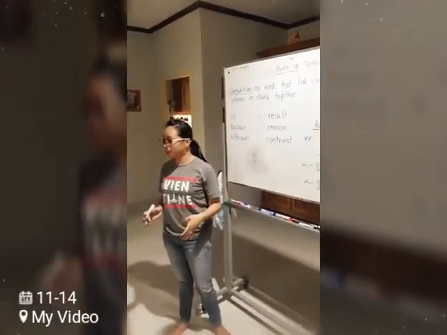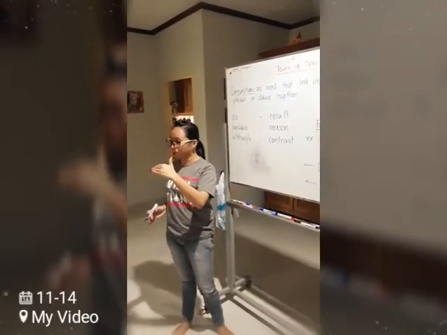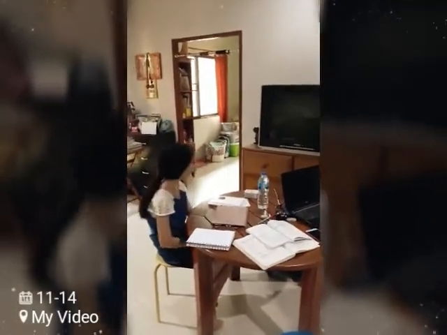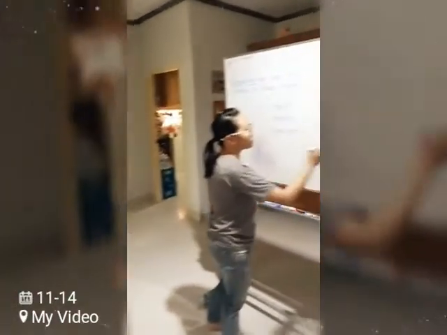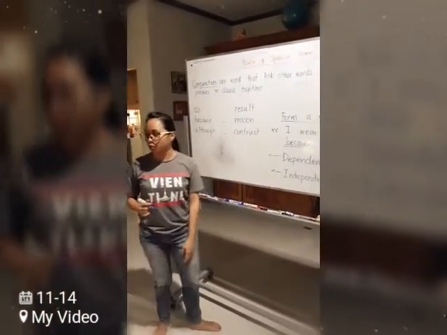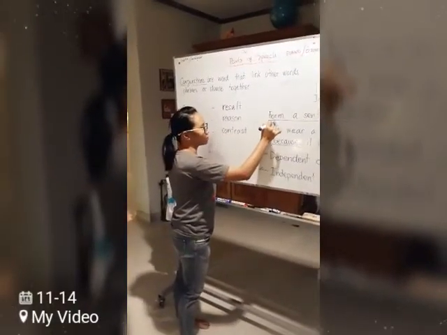Okay, do you understand? Dependent means it cannot stand alone. Independent, it has the complete thought already. Okay? Now, I wear a jacket. What subject did we use? Okay, this is our subject.